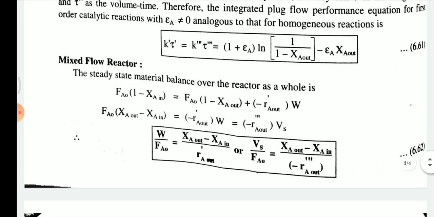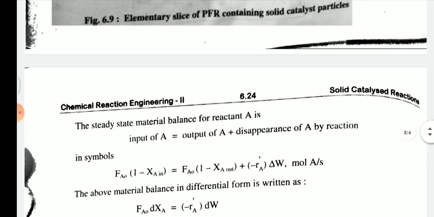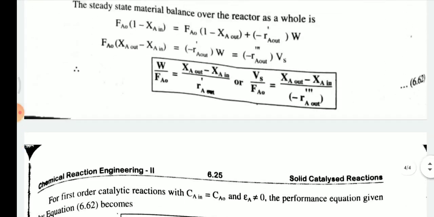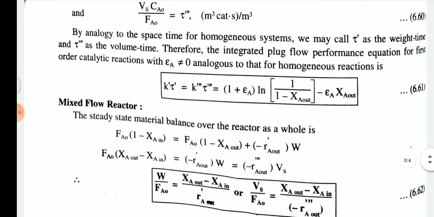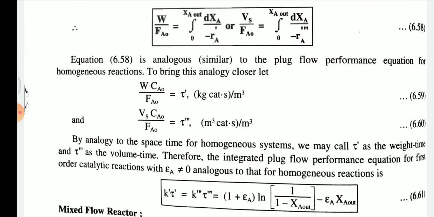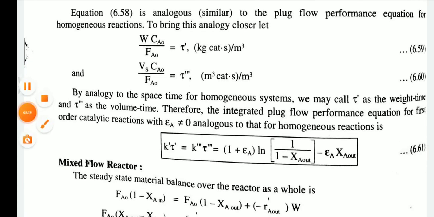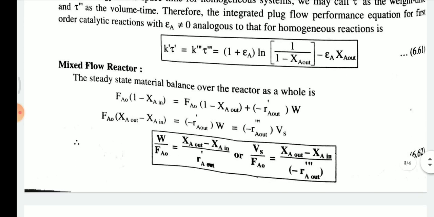Now similarly for the mixed flow reactor, this condition is considering a porous catalyst, and for the plug flow, this equation should be equation number 6.58. But if we are considering a mixed flow reactor, how would it change? The mixed flow reactor consists of a steady state material balance over the reactor as a whole, similar to the plug flow.